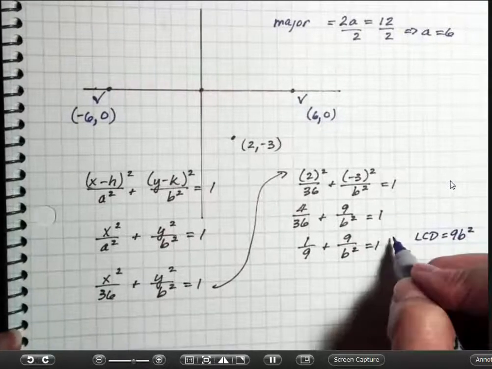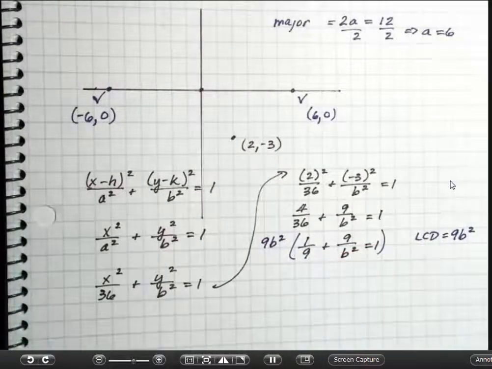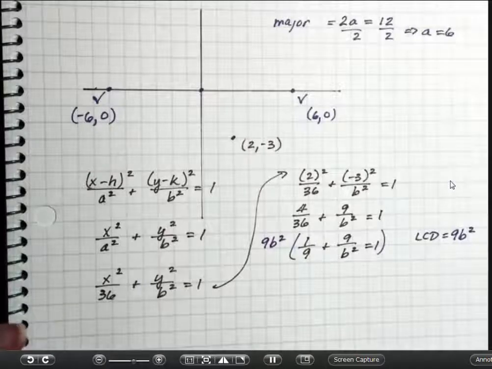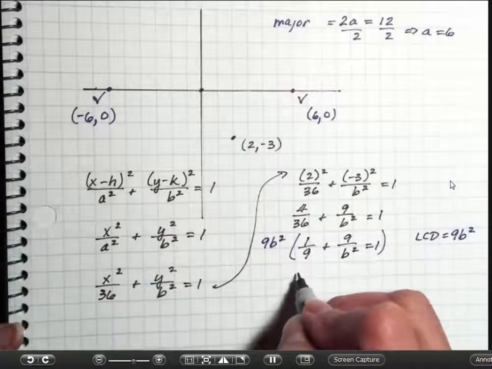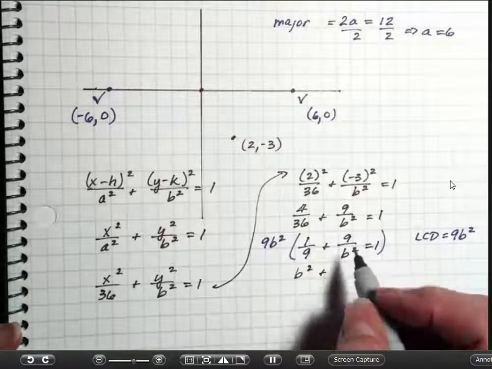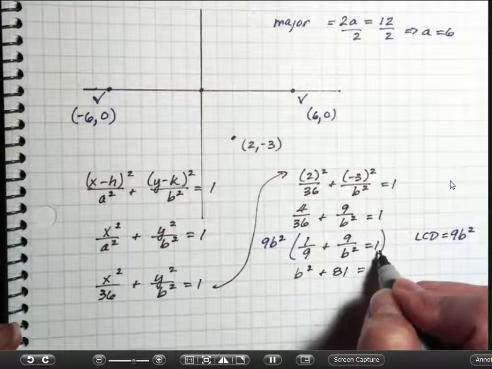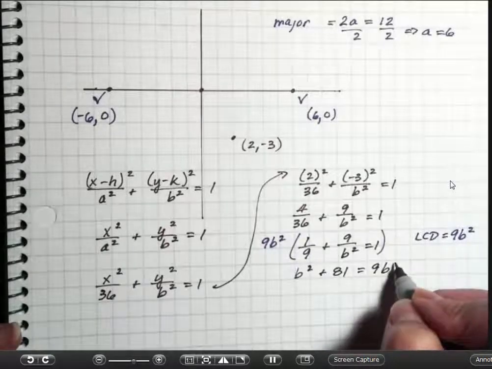That means every term is going to be multiplied by that. When I multiply the first term, I end up with b squared. The second term, my b squareds cancel out, and I end up with 81. And then don't forget to do the right side of the equation, 9b squared.